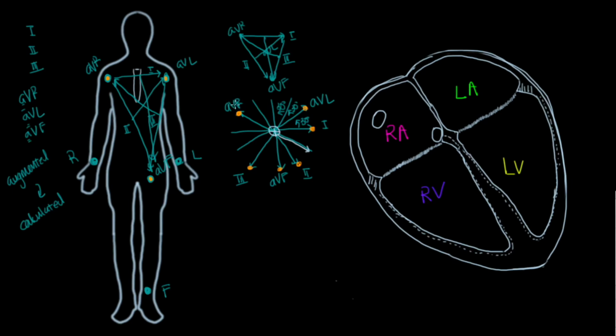Then what you would see with AVR would be, since this is directly on that line of AVR and it's moving directly away from the sensor, a very strong negative dip like this.